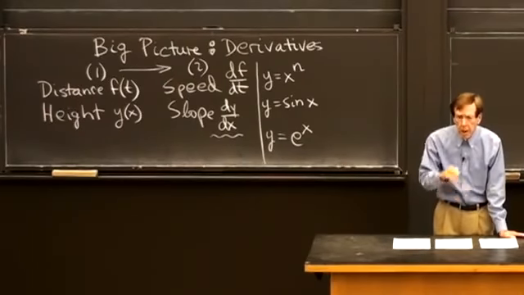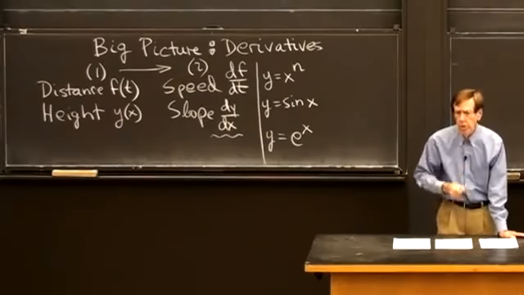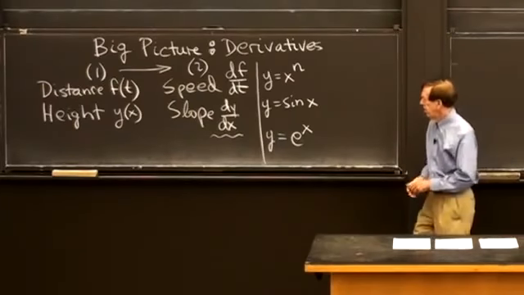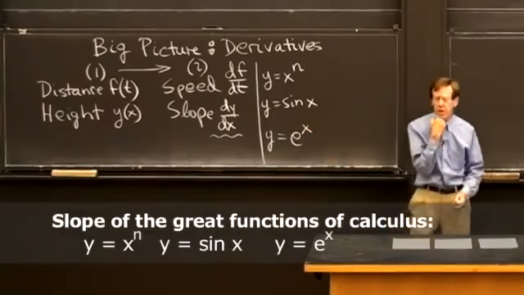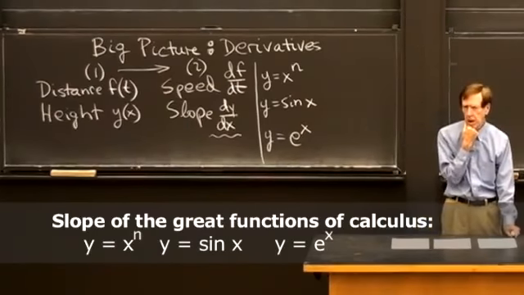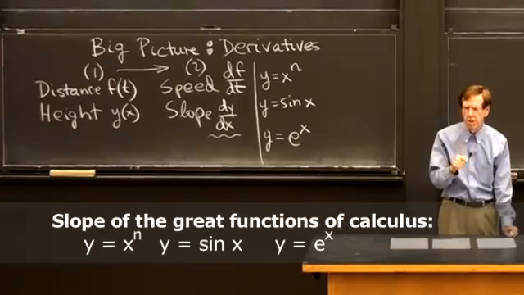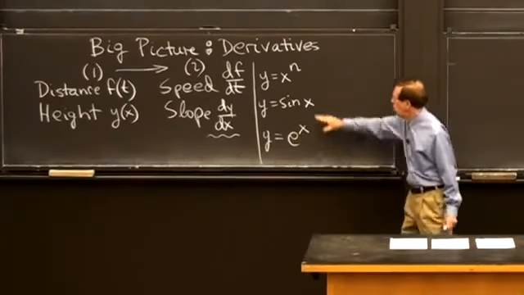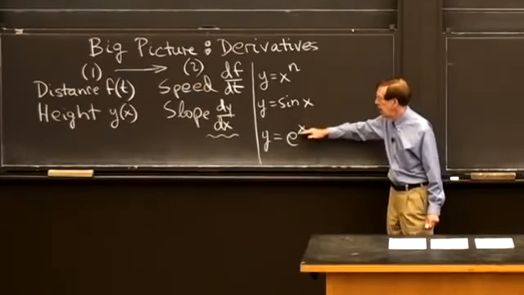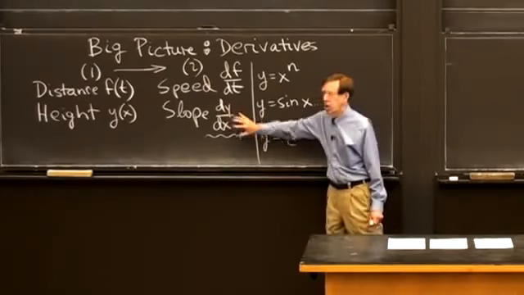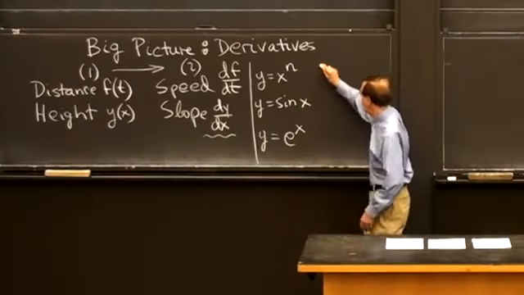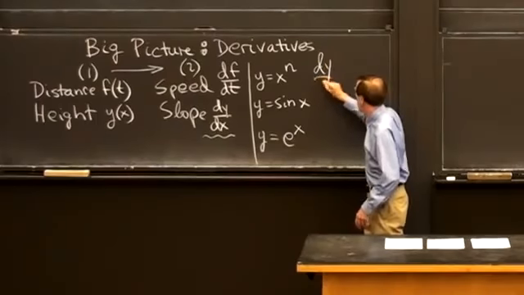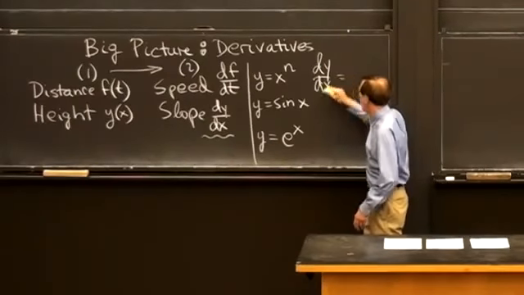So let me develop what we're doing. The one thing we can do, and now will do, is for the great functions of calculus, a few very special, very important functions, we will actually figure out what the slope is. These are given by formulas, and I'll find a formula for the slope, dy dx equals.